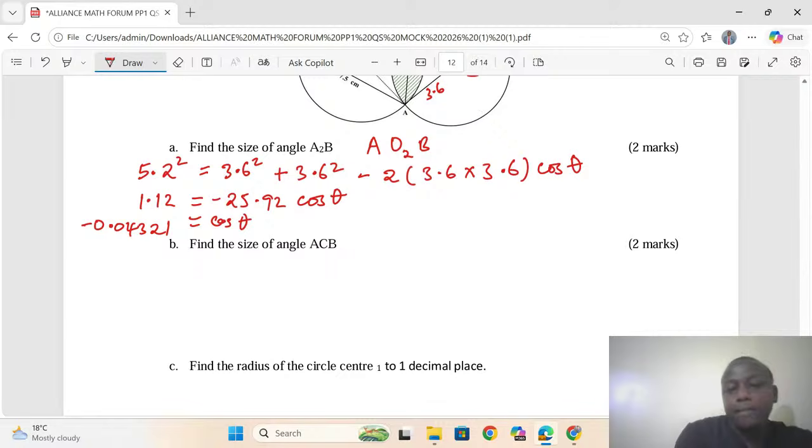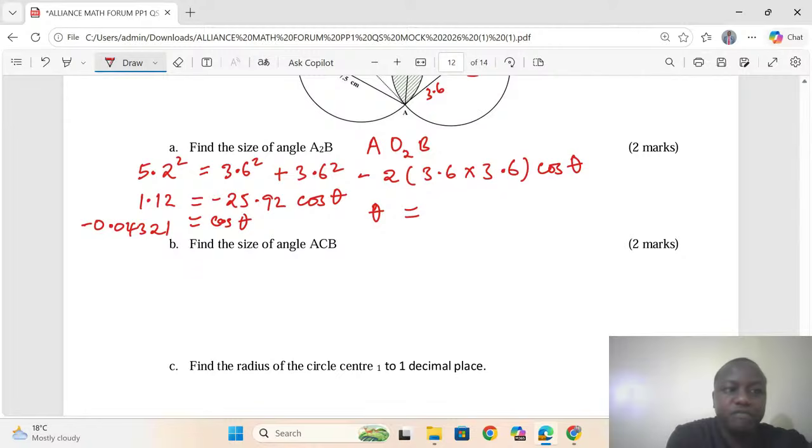I'm getting negative 0.04321. So if I'm to get the value of theta now, I need the cos inverse, shift cosine. Getting a negative here means that the angle is greater than 90. It is in the second quadrant, most likely. So shift cosine of the answer here, and I will get 87 point something.